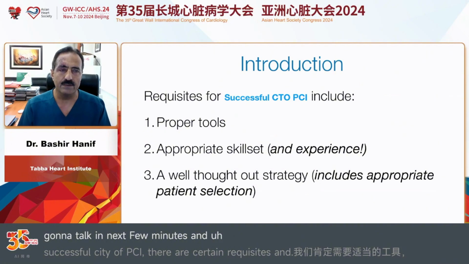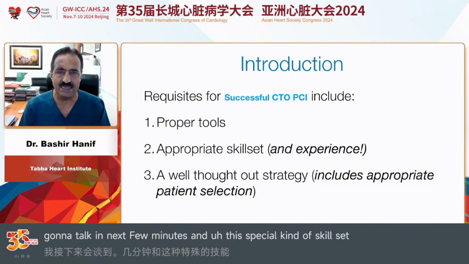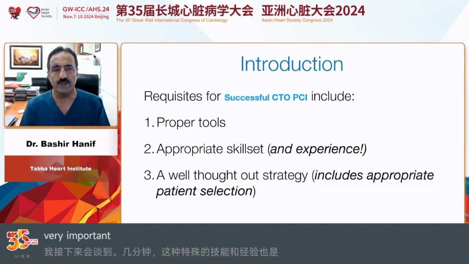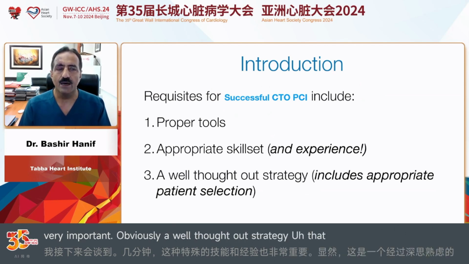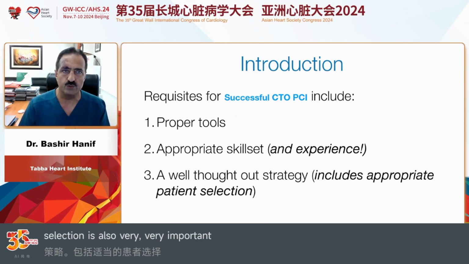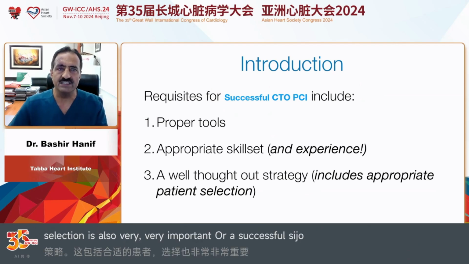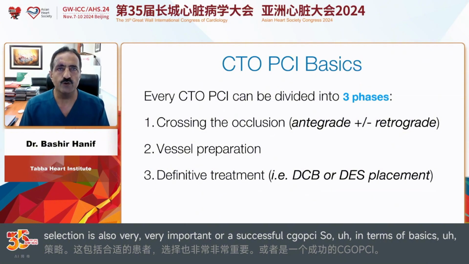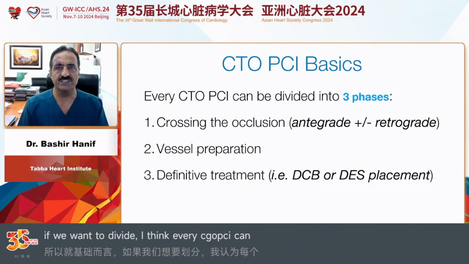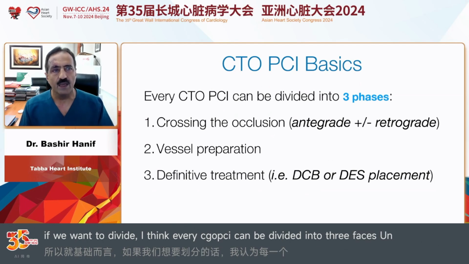This special skill set and experience is also very important. And obviously, a well thought out strategy that includes appropriate patient selection is also very important for a successful CTO PCI. In terms of basics, I think every CTO PCI can be divided into three phases.